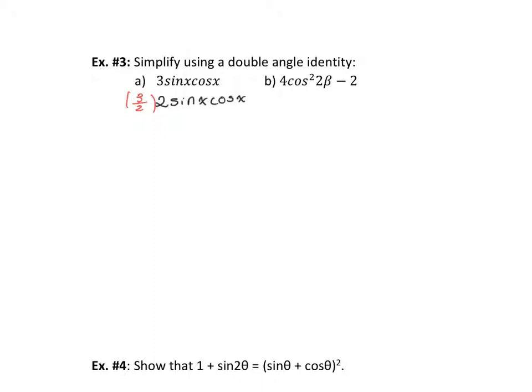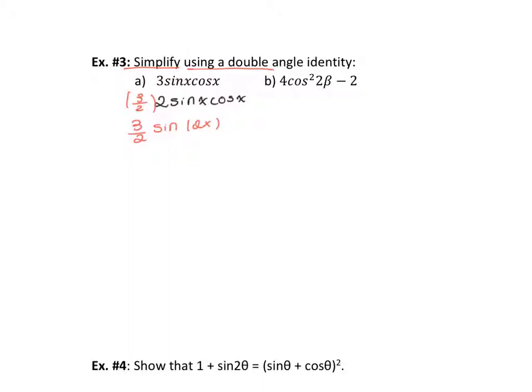What double angle formula is it? Sine 2x, right? So this is really just 3/2 times sine 2x. So we simplified this using a specific double angle identity. Does that make sense?